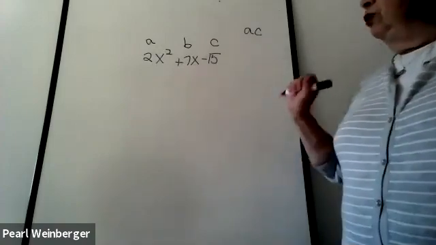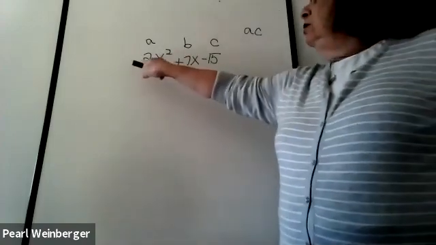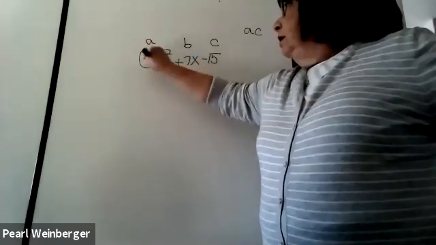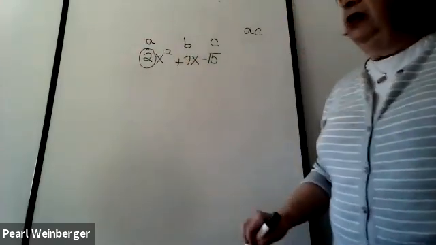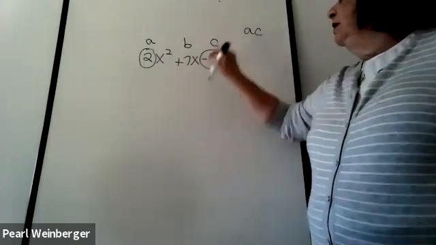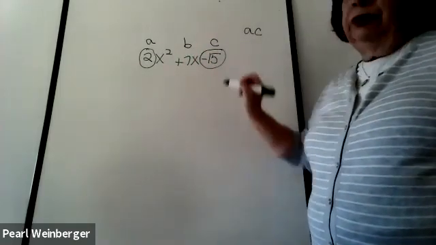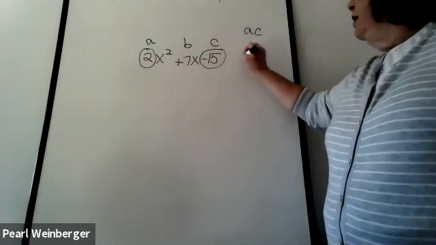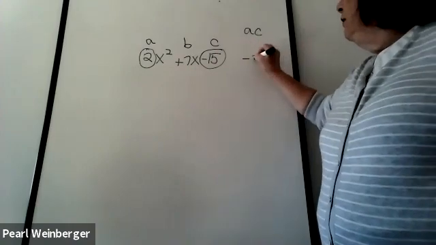So that's what we're going to do with this. To do that, I multiply the A, the leading coefficient, the number in front of the x squared, times the C, the number that has no x in it at all. So 2 times negative 15 gives me negative 30.